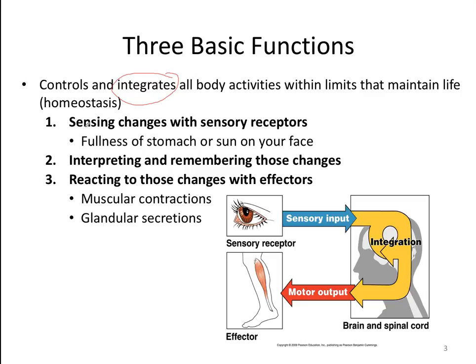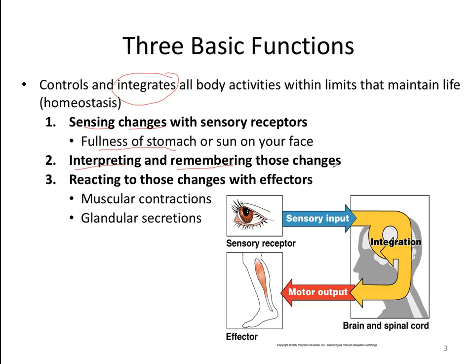So, step 1, sense a change using sensory receptors. So one example of this could be fullness of your stomach. That would be sensed by stretch receptors in the wall, or the sun on your face, so increased radiation. Integration means interpreting and remembering those changes.